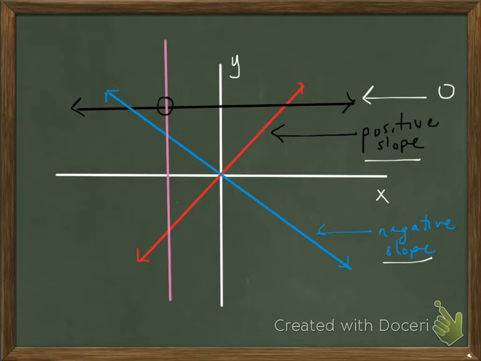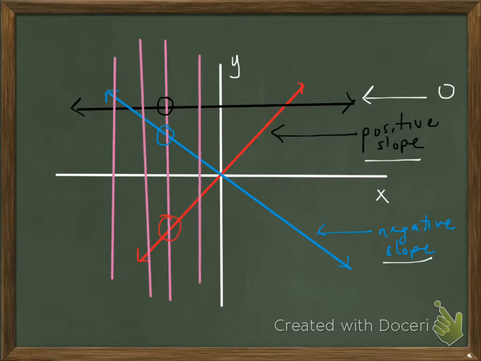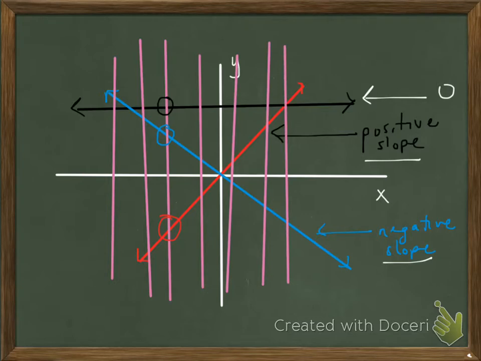On the blue function, the negative function, it only hits that graph one time. On the red function, it only hits that graph one time. Okay? And no matter where I draw this pink line, it's only going to hit that graph one time. So that means I have a function.